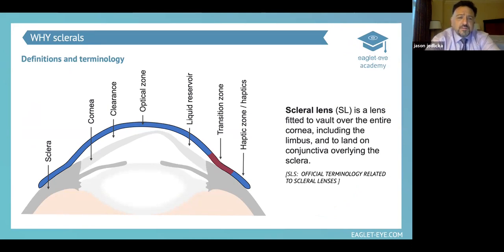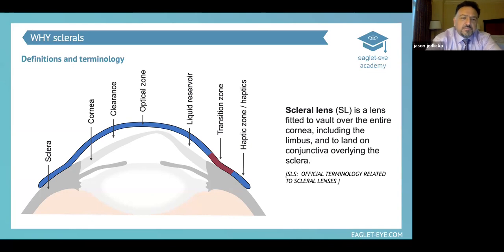The true benefit here, of course, is that we get the optics of a GP lens, but we don't have the issues of GP comfort or contact with a potentially fragile cornea. The liquid reservoir, which is held underneath the scleral lens, bathes the eye, keeps it healthy, hopefully, and preserves, again, the corneal epithelium from rubbing against a lens that might cause some long-term problems.